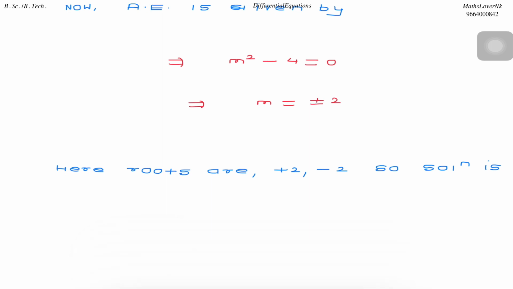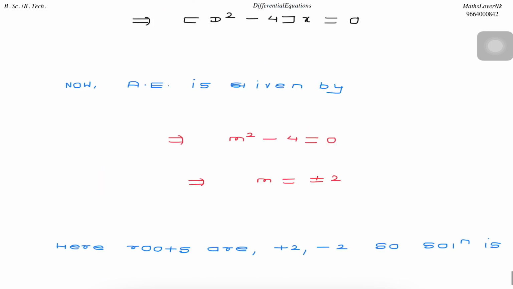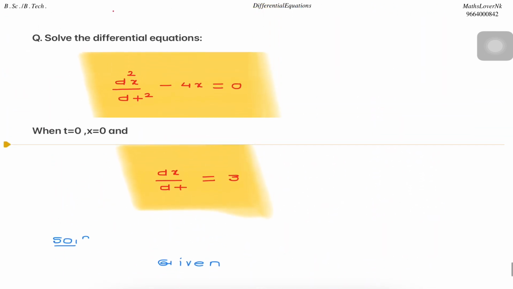The solution is y is equal to c1 e to the power 2x plus c2 e to the power minus 2x. Now according to the given, when t is equal to 0, x is equal to 0 and dx upon dt is equal to 3.